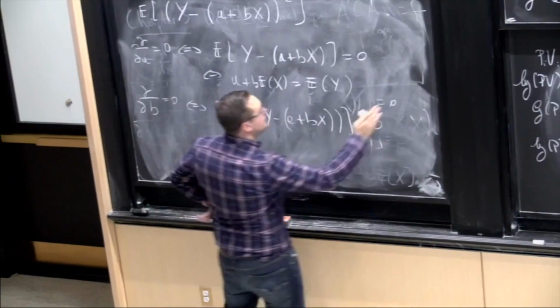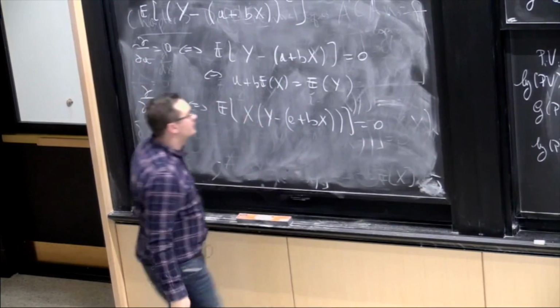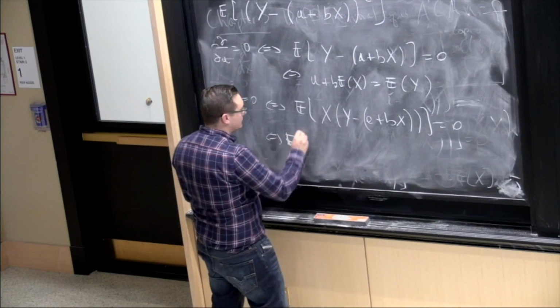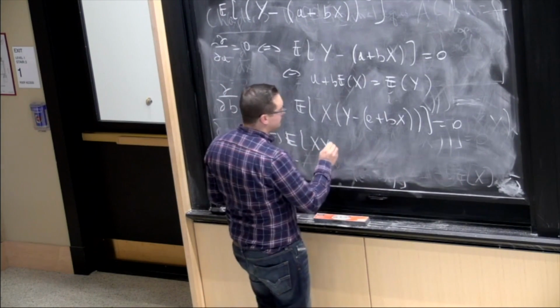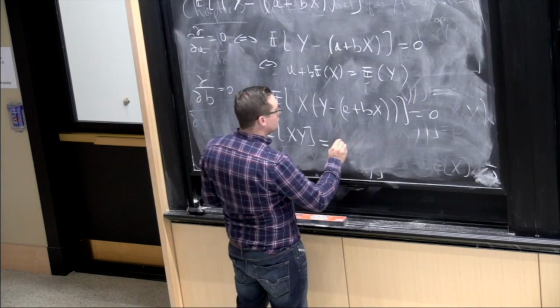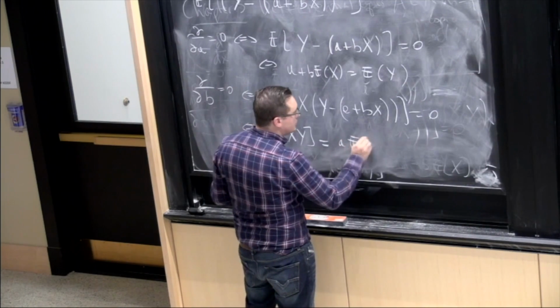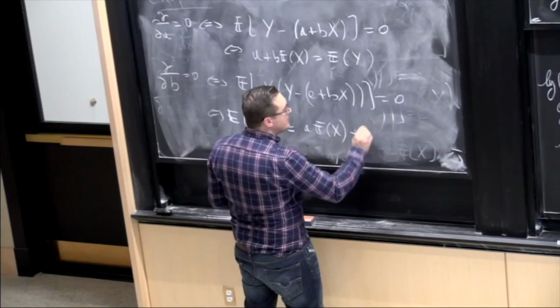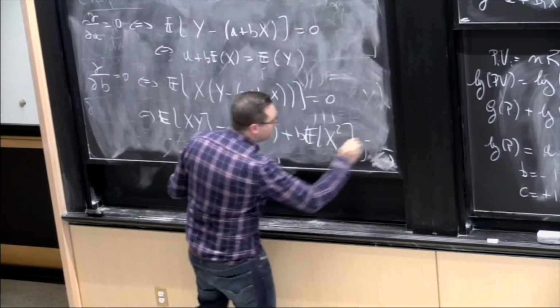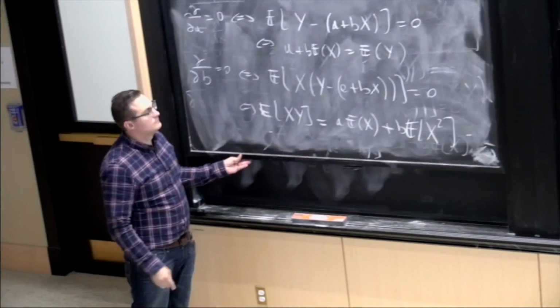And so that implies that the expectation of xy is equal to a times the expectation of x plus b times the expectation of x squared.